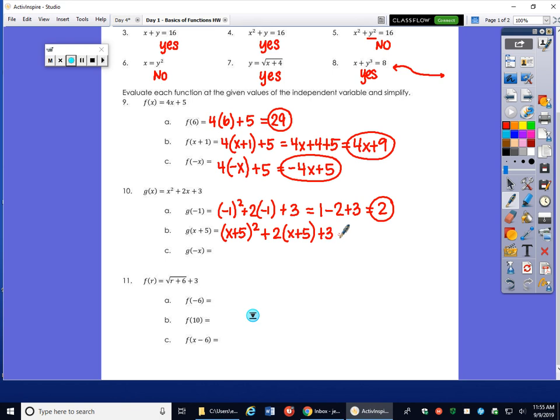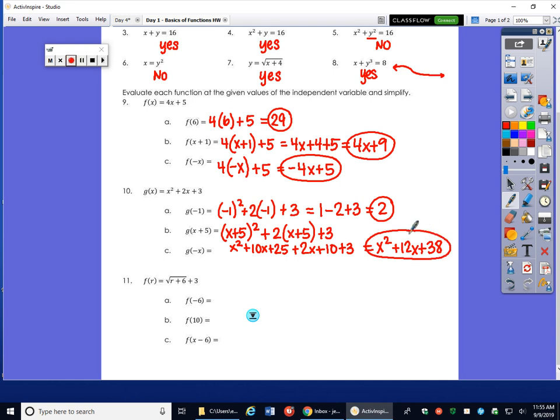So, x plus 5 squared, remember this is a binomial, so this becomes x squared plus 10x plus 25. And then this becomes 2x plus 10, and then you have the plus 3. So when you combine all your terms for this, you get x squared plus 12x plus 38.